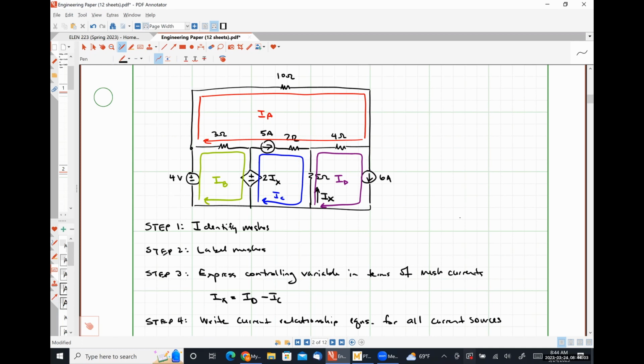There's no way for us to express the voltage drop across the 5 amp source in terms of our mesh currents. Okay, so we have a little bit of a problem here.